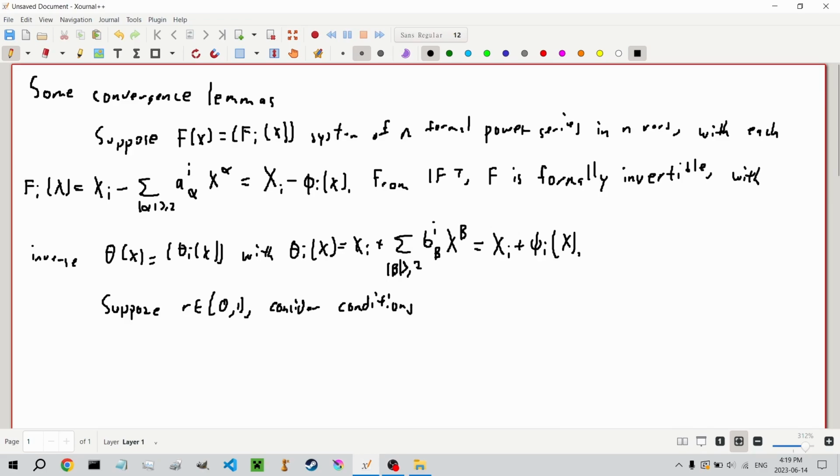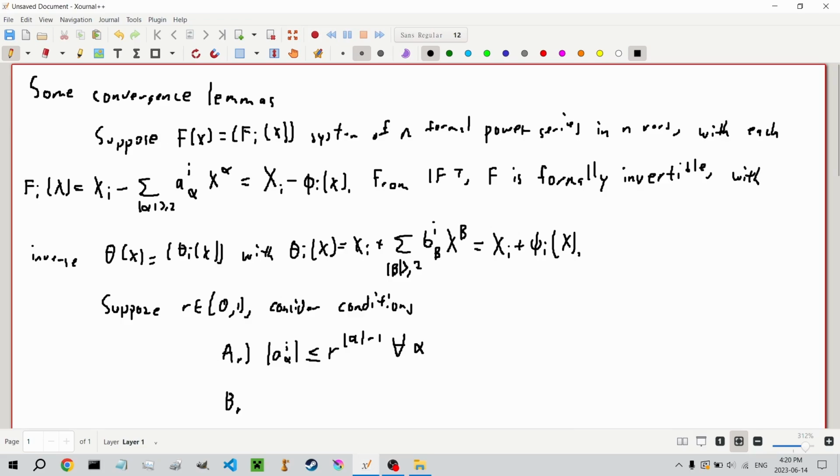The first one, which we call AR, states that a sub alpha to the i is bounded by r to the size of alpha minus 1, and that holds for all alpha.